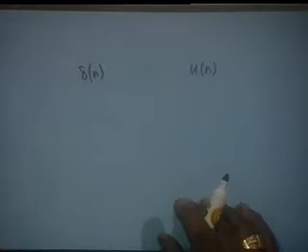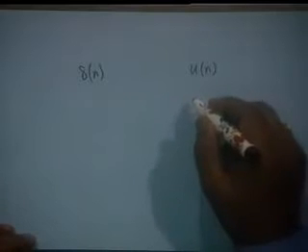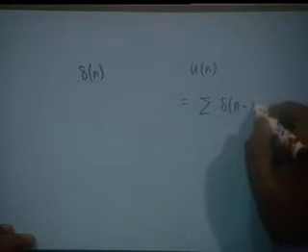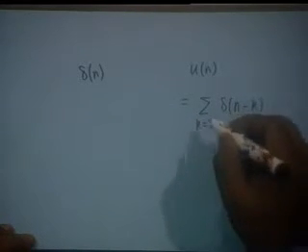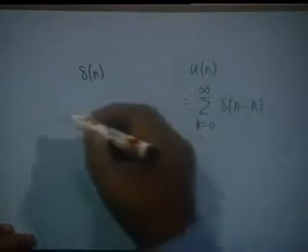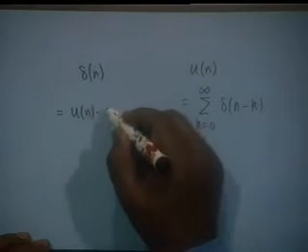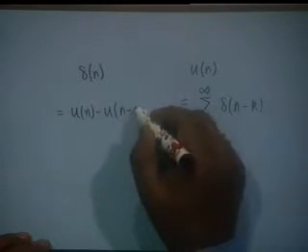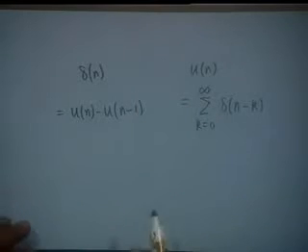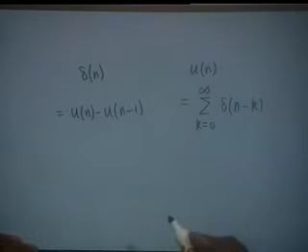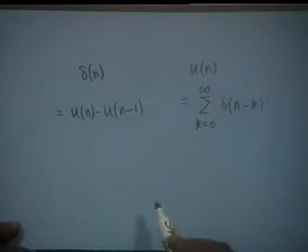Its amplitude is simply 1, it occurs at n equal to 0, and u of n can be represented as a combination of delta n minus k, k equals 0 to infinity, and delta n similarly can be represented as u of n minus u of n minus 1. Okay. So, this is the relationship between delta n and u of n, and any arbitrary sequence can be expressed in terms of u of n and delta n.